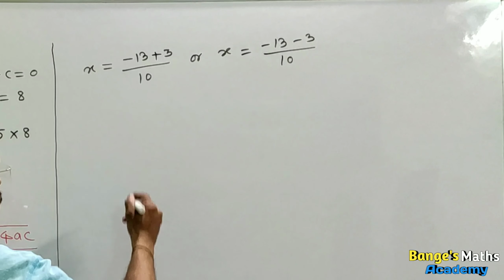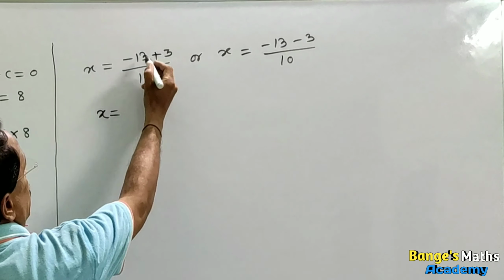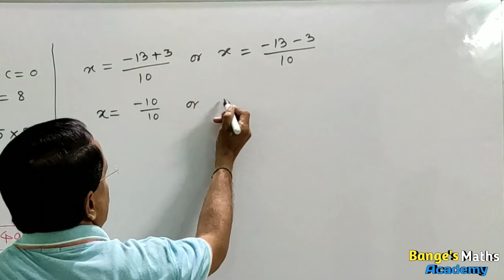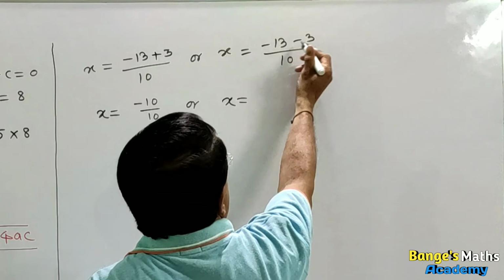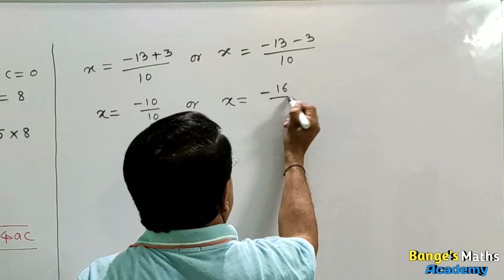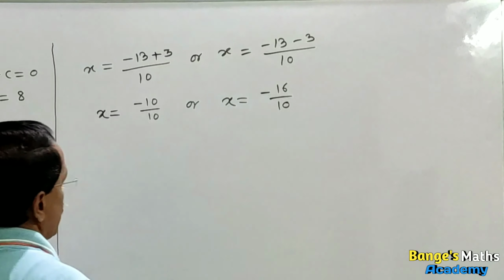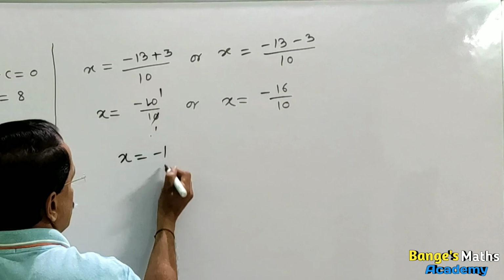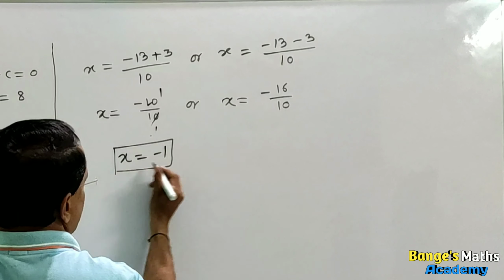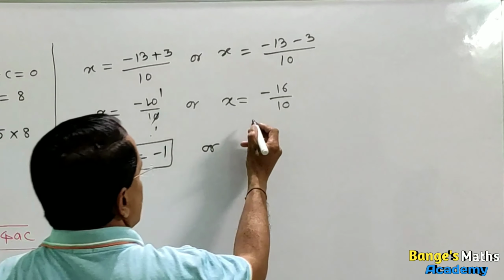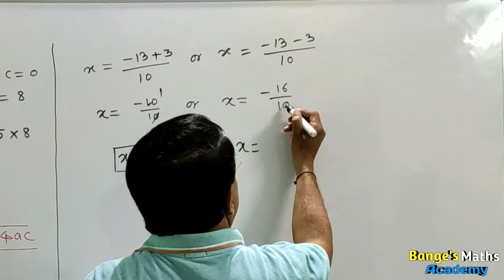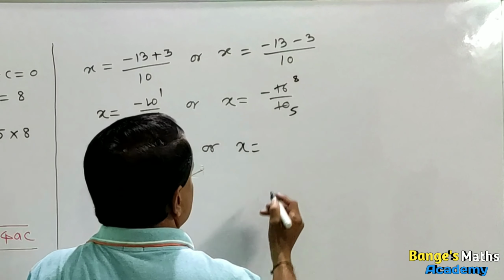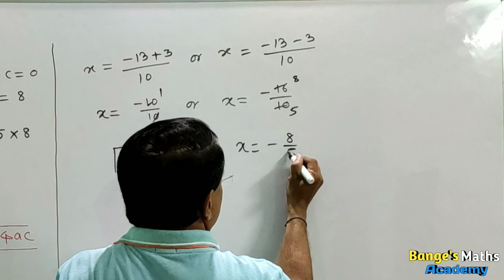Then simplify. x is equal to minus 13 plus 3, minus 10 upon 10, or x is equal to minus 13 minus 3, minus 16 upon 10. By cancelling, 10 ones are 10, 10 ones are 10. x is equal to minus 1, or x is equal to, we can divide this by 2, 2 5s are 10, 2 8s are 16, minus 8 upon 5.